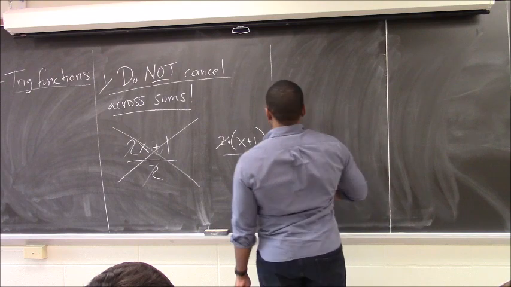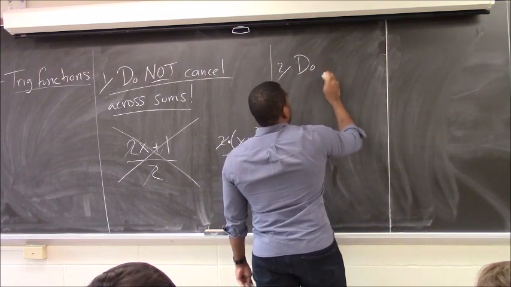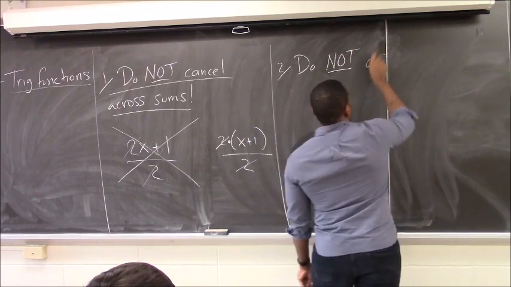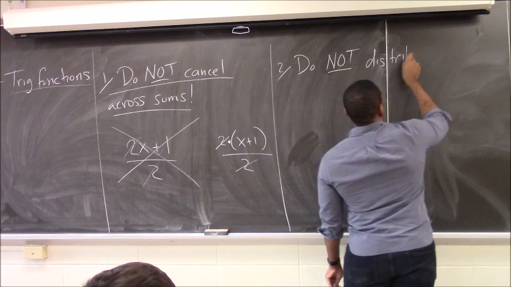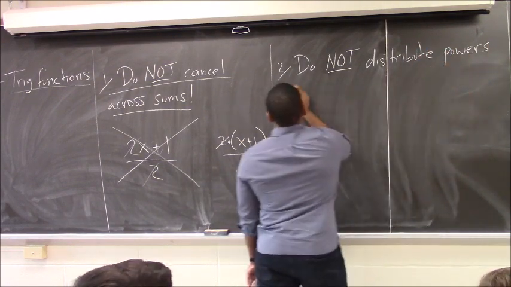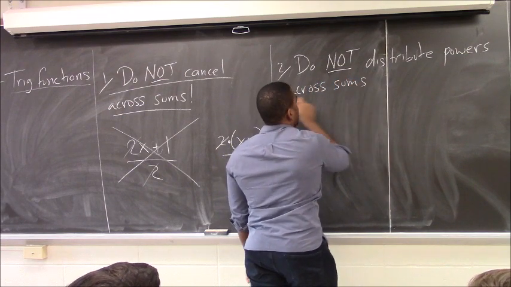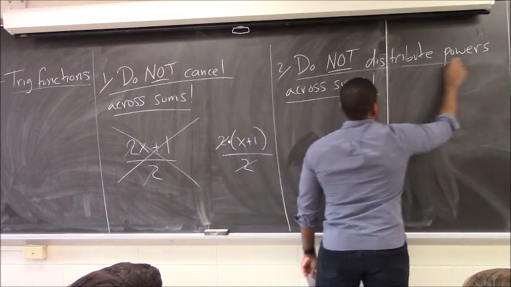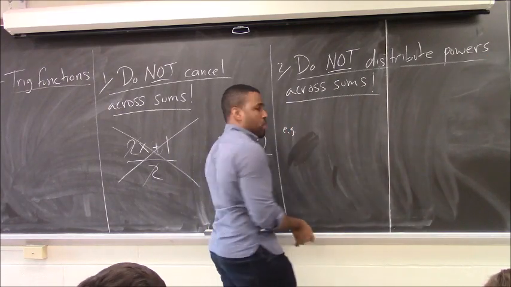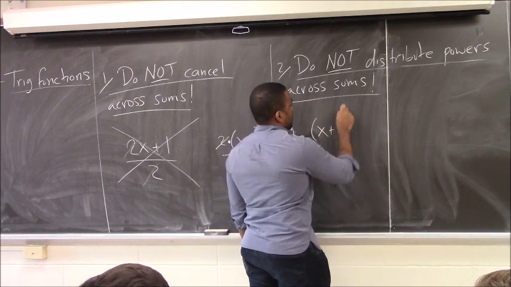Another thing that you should not do. Again, a very common mistake, but a very bad one, and it causes a lot of grief. Do not distribute powers across sums. So, for example, you're working on a problem and you see the expression x plus 2 all squared.